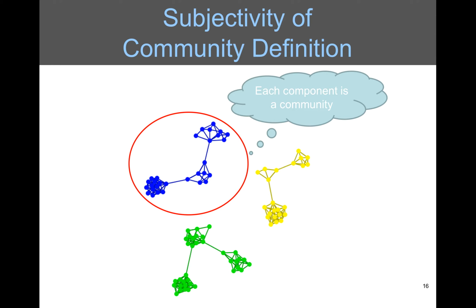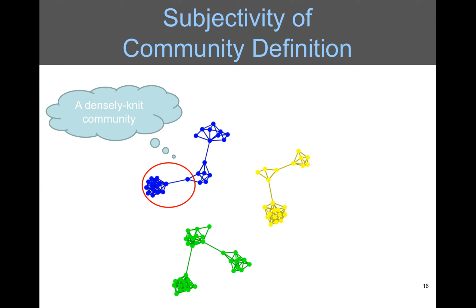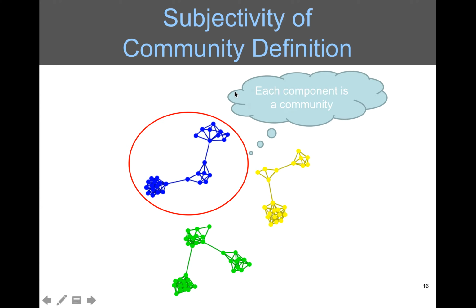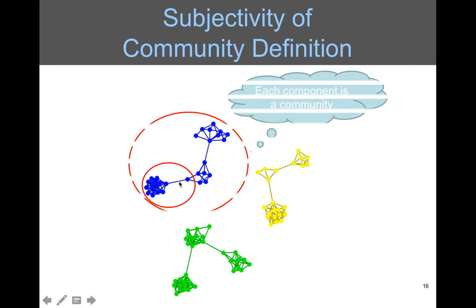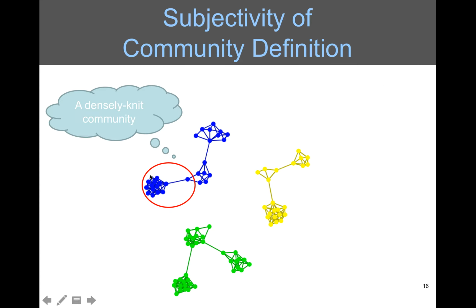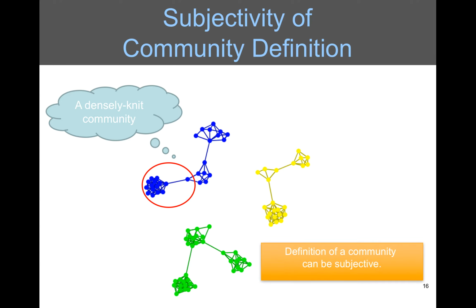That's a reasonable definition. But somebody else might say, well, I don't think of a component as a community. The community needs to be densely connected. So I don't want to view the whole network like in the previous frame as a community because there seem to be some really sparse connections going on. I really want to focus more on, let's say, this, and call that a densely knit community.